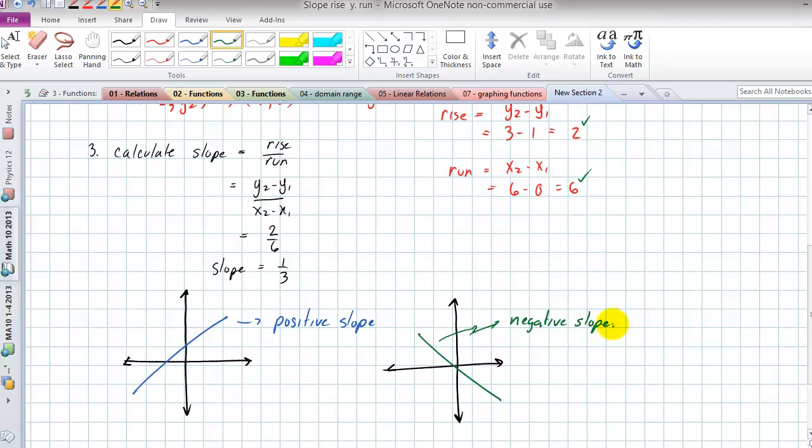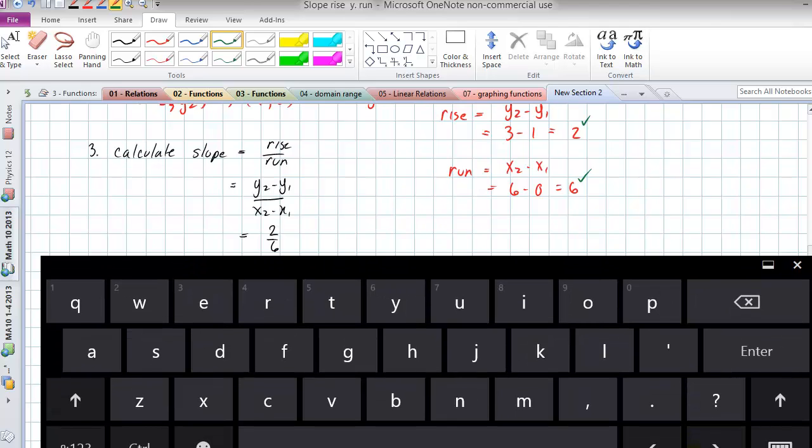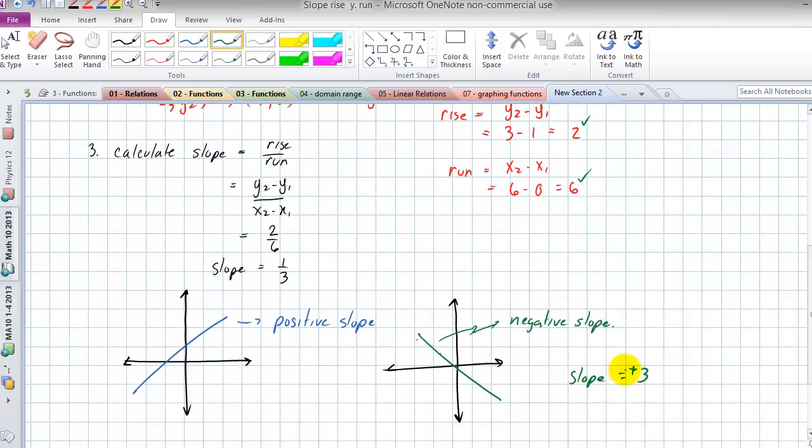So that's something you could think about when you're finding slopes. If you have a graph that looks like that and you calculate slope equals positive 3, you know for sure you did something wrong, because a line that goes in that direction has to be a negative.